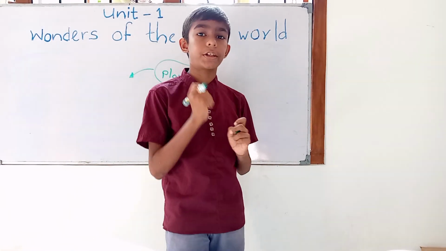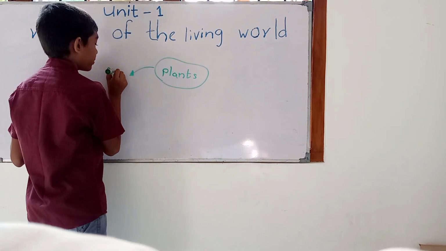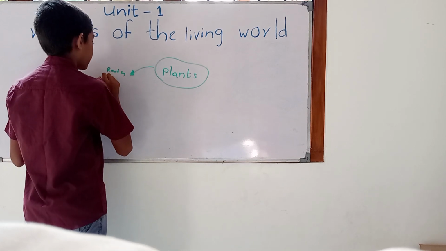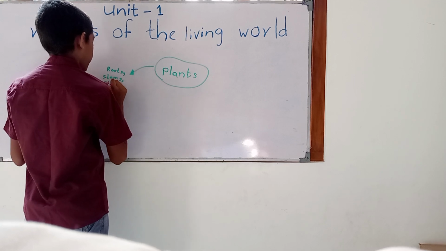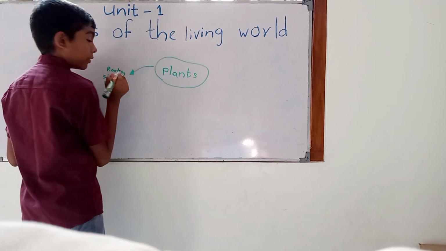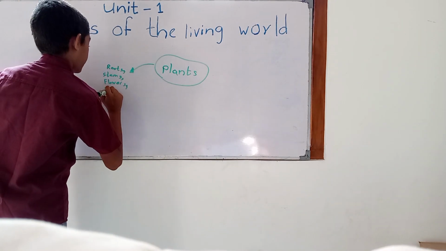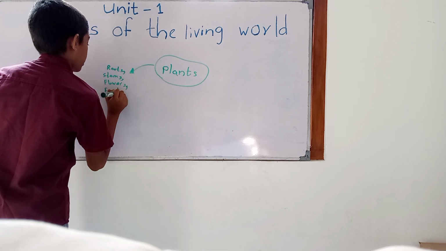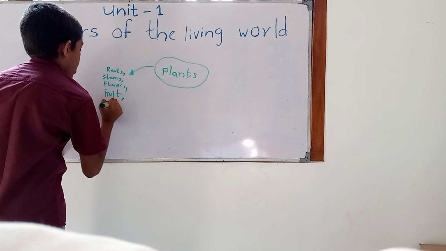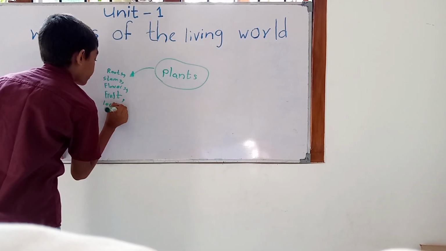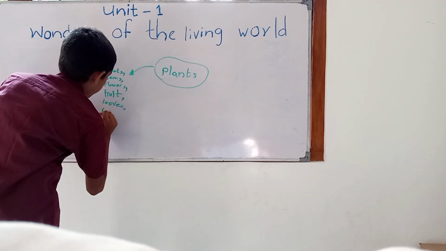Now, what are these morphological features, you ask? Well, it is the roots, stems, flowers, fruit, leaves, and branches.